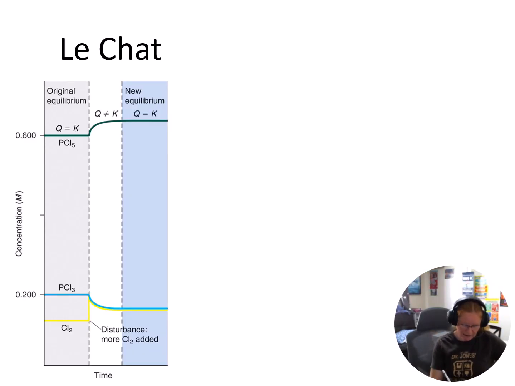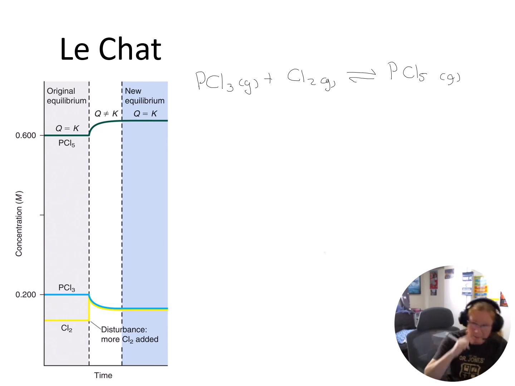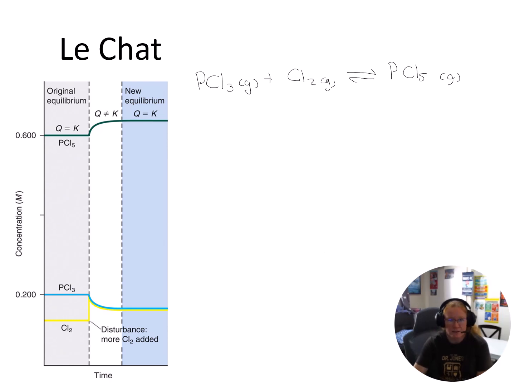All right, I've got a reaction here where I've got phosphorus trichloride and chlorine gas, and I get phosphorus pentachloride. Okay, so I've established equilibrium. Now I'm going to do something, okay?